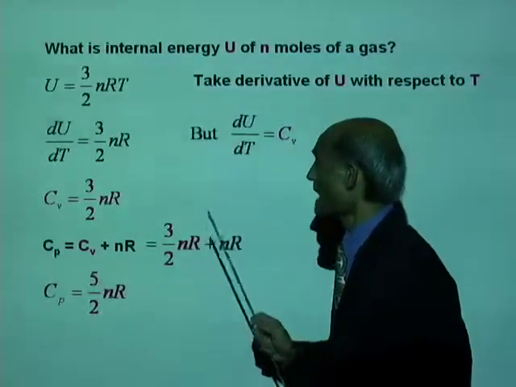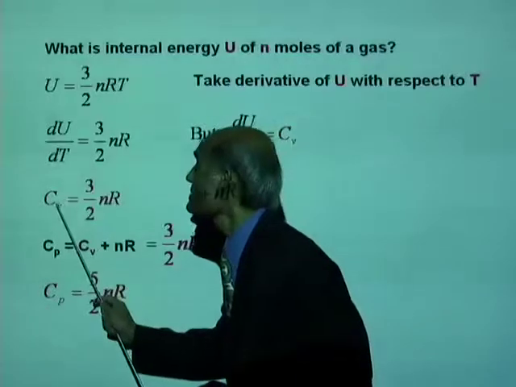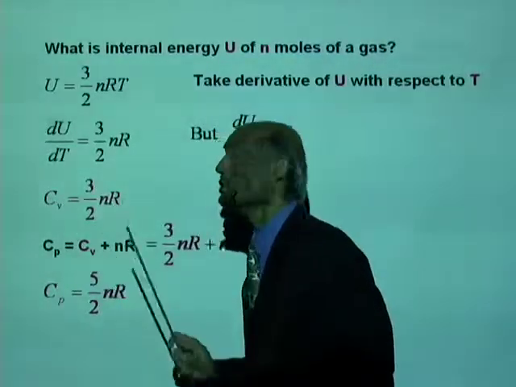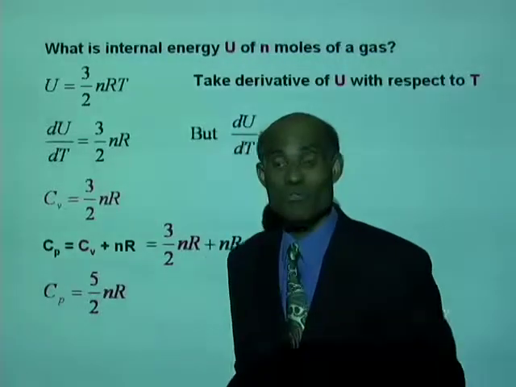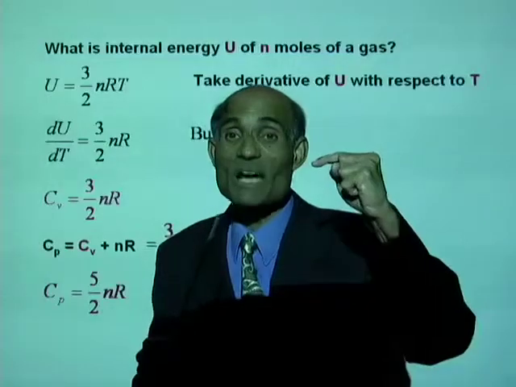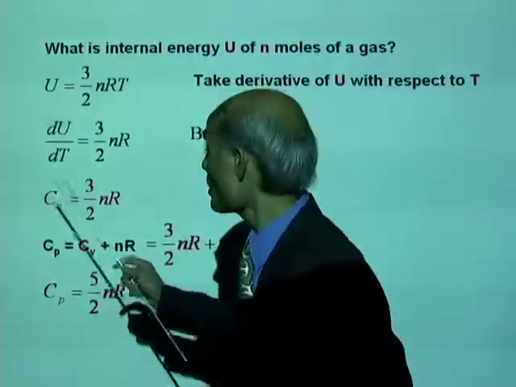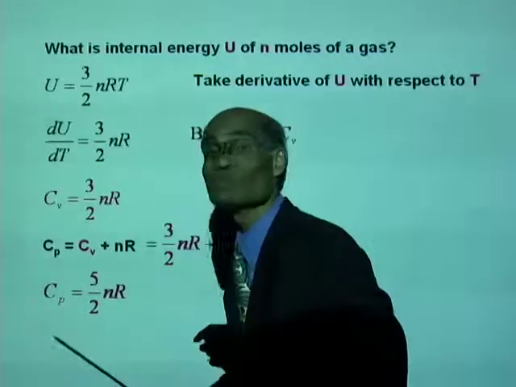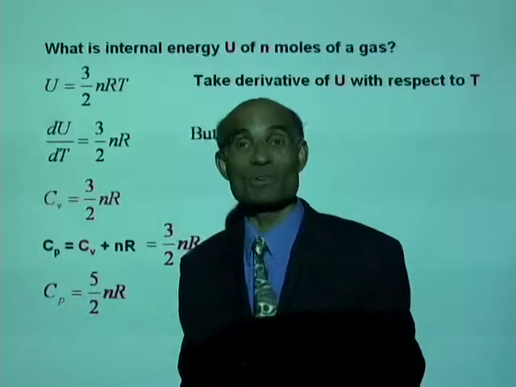That will be 5/2 nR. That means if Cv equals 3/2 nR, then Cp must equal 5/2 nR, because the difference between Cp and Cv is simply nR.